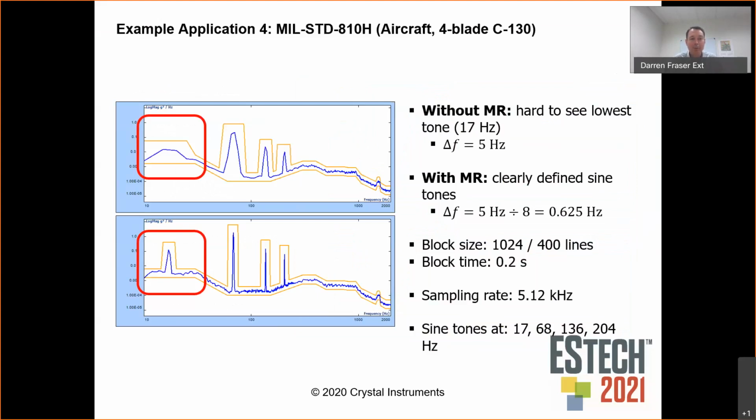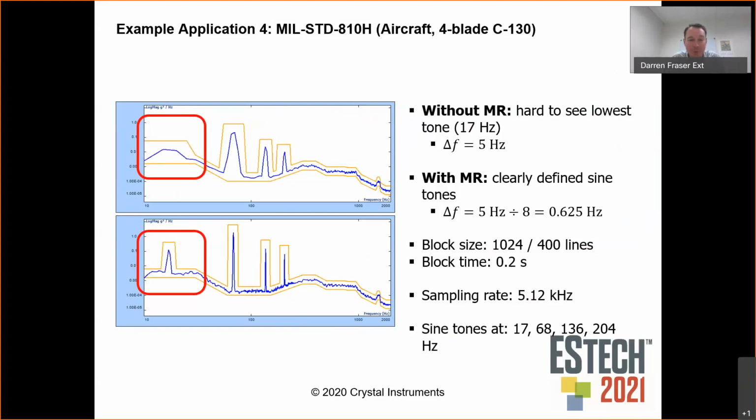Along that same train of thought in the environmental vibration examples, we have here a sine on random test. This one happens to come from MIL-STD-810. This is, I believe, Method 514, Annex C. And in this sine on random test, you can clearly see down there that we have a 17 hertz tone that is hardly resolvable using a standard 5 hertz frequency resolution.